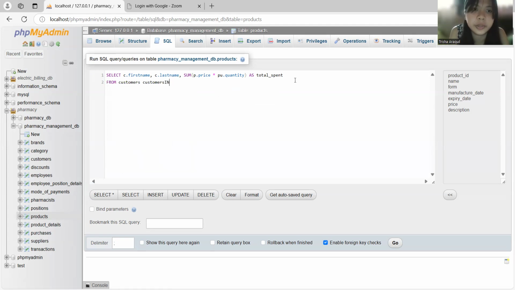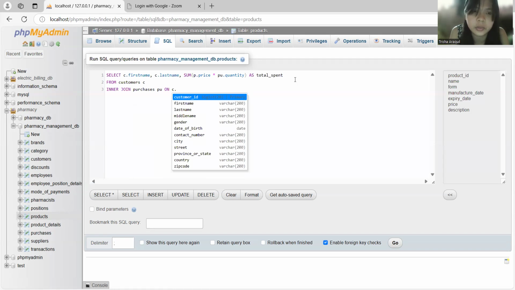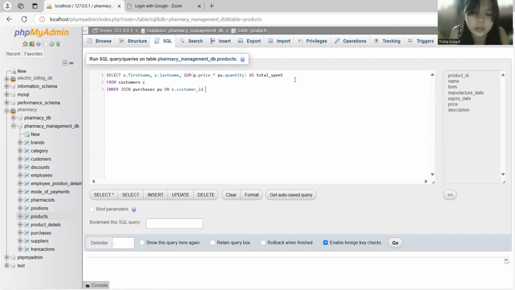and then inner join the purchases on customer ID and the primary key customer ID.